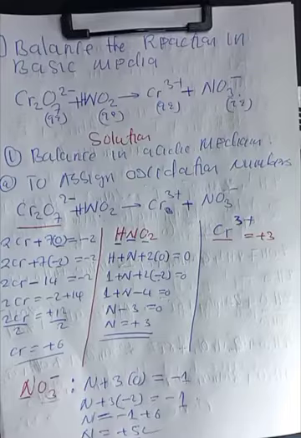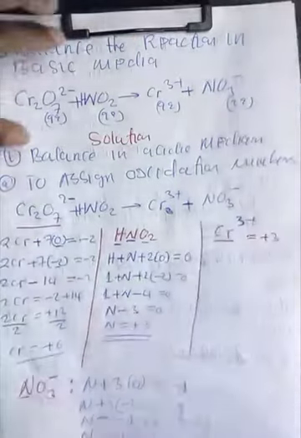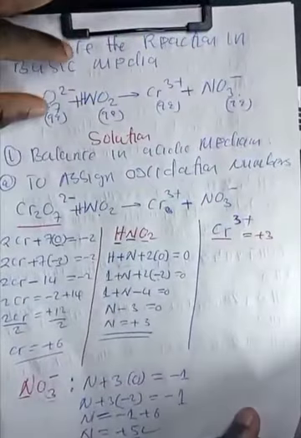So the next step we said is to identify which reaction is a reduction and which one is the oxidation after assigning. To identify which reaction is the reduction and which reaction is the oxidation, remember we use definitions. So let's proceed.